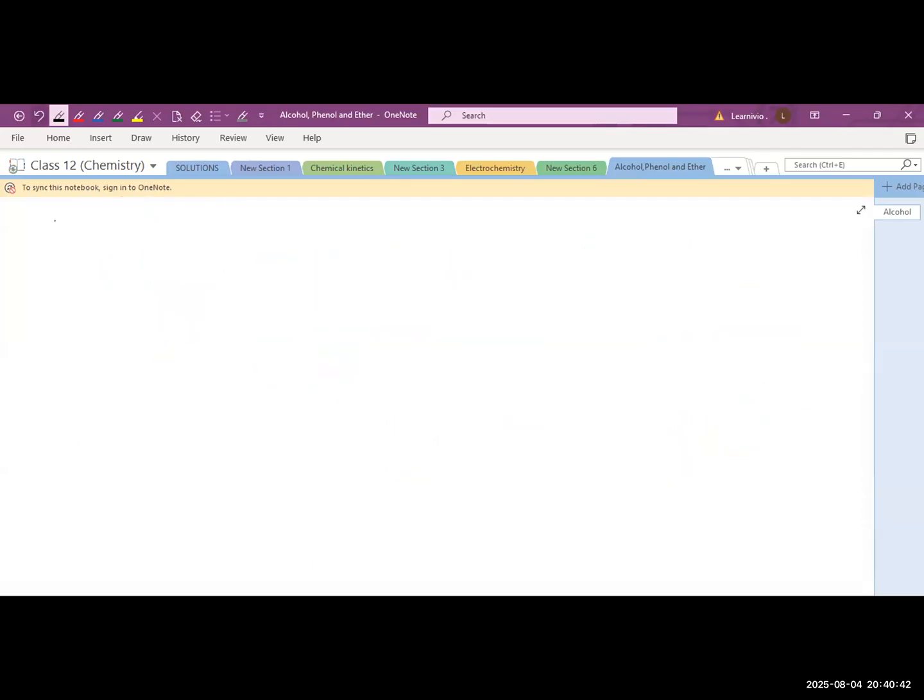Now write down the B part. So the compound containing sp2 hybridized carbon से अगर आपका OH group attached to this type of bond.